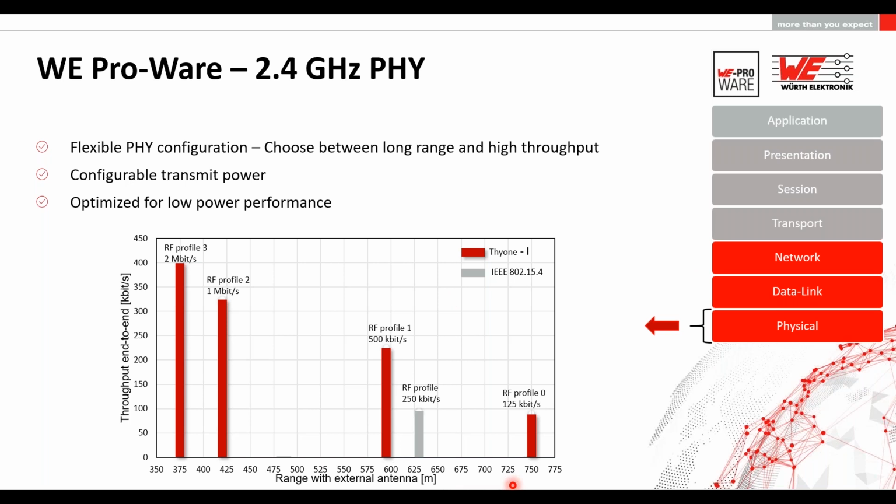So it depends on the radio profile chosen. For the 125 kilobit profile, you have a line of sight range of around 750 meters. This is considering the two-way reflection model with the antenna placed at a height of 2 meters above the ground. So this is about the range we get.